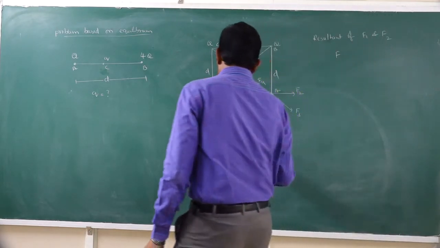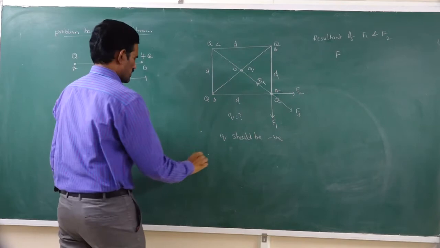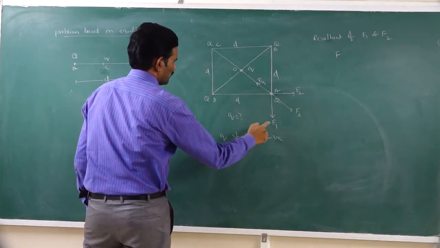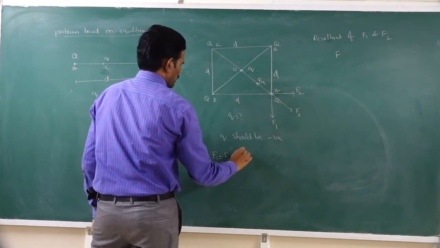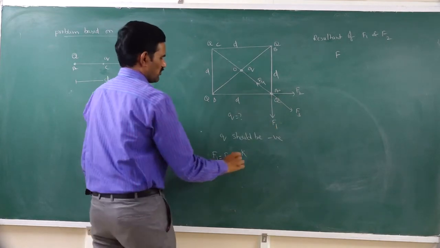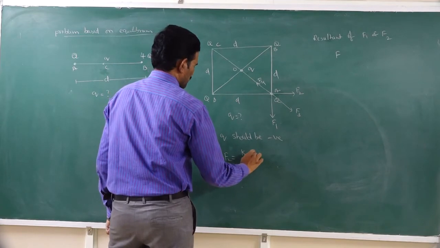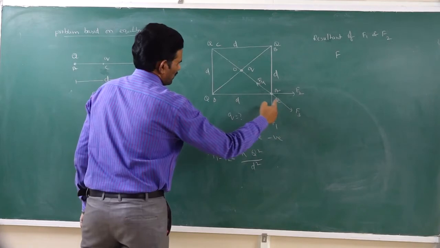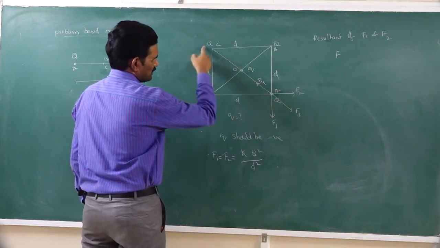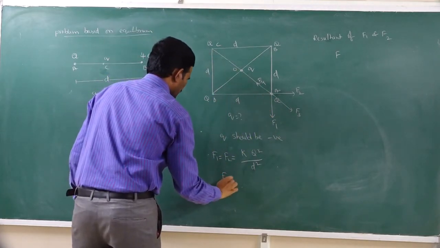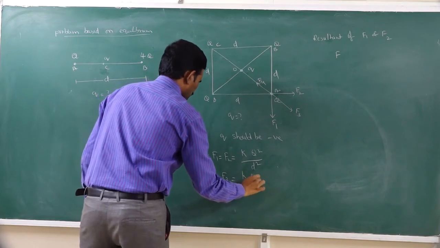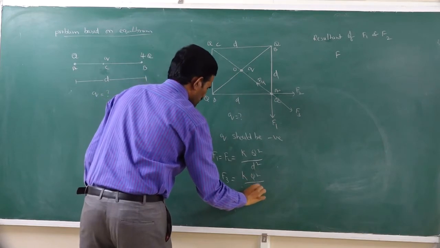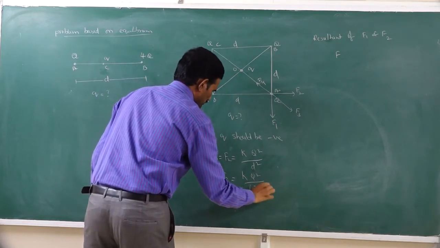I will write the expressions here, F1, F2, F3 and F4. So F1 is equal to F2. These two are numerically the same, which I am taking in terms of K, 1 by 4 pi epsilon naught, so that is K Q square by D square. And next F3. F3 is the force between A and C. So that F3 value you can write as K into Q square by the distance, the diagonal you need to write, which is root 2 D whole square.